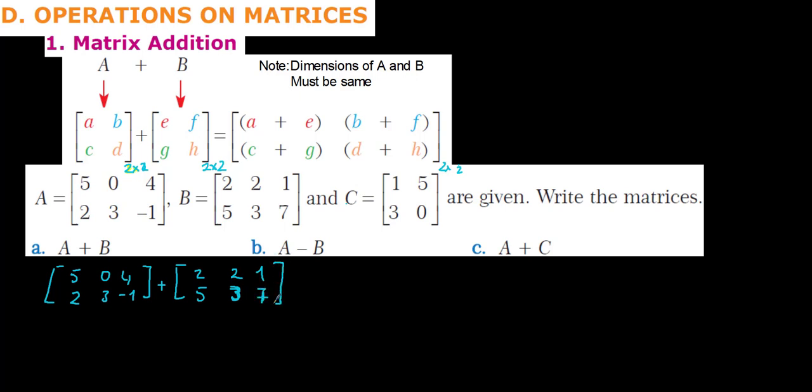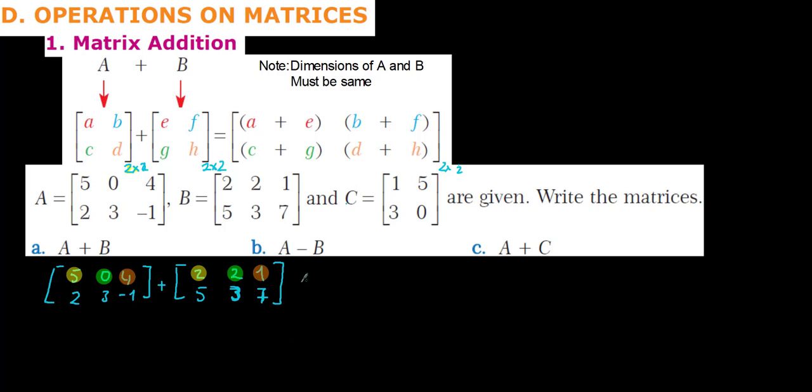And here, as you understand, firstly I'm going to add 5 with 2, then 0 with 2, then 4 with 1, and it's going to continue like this.